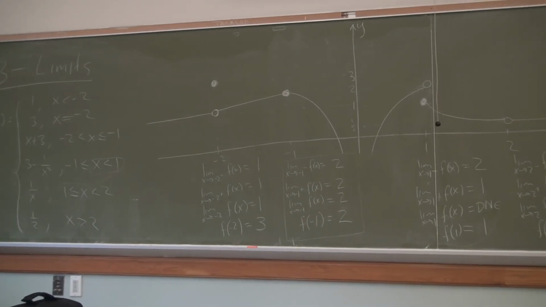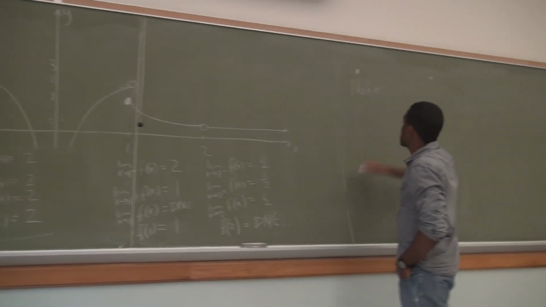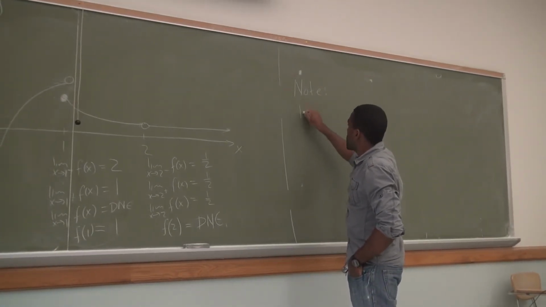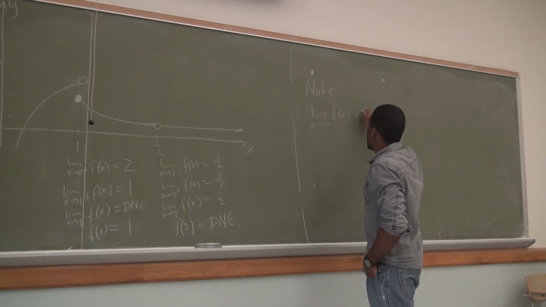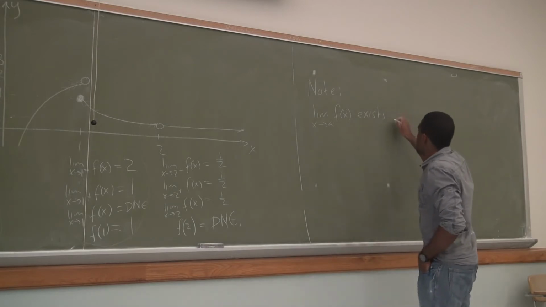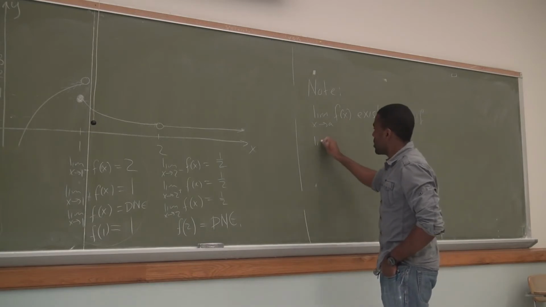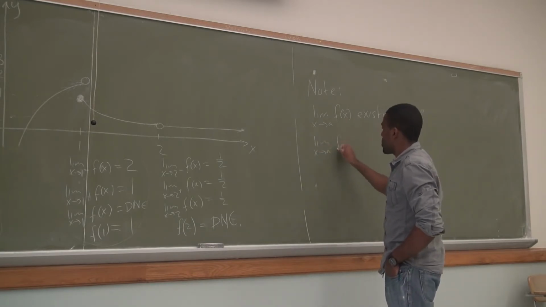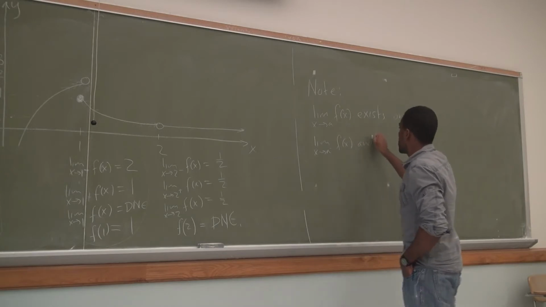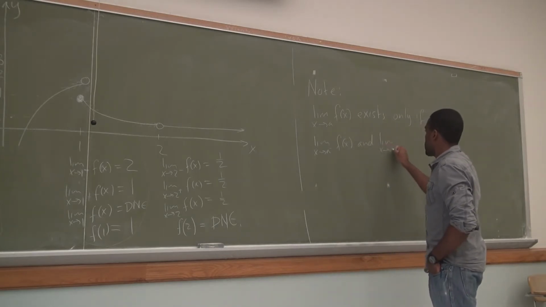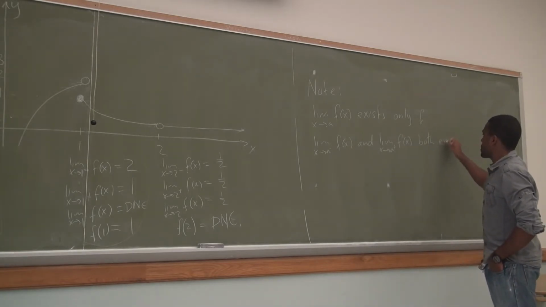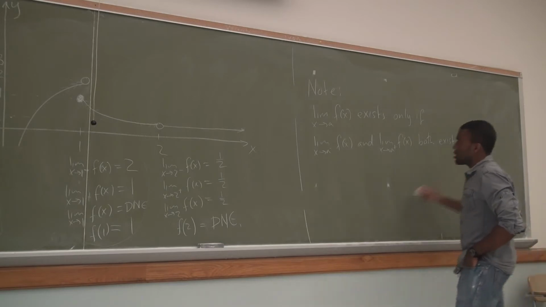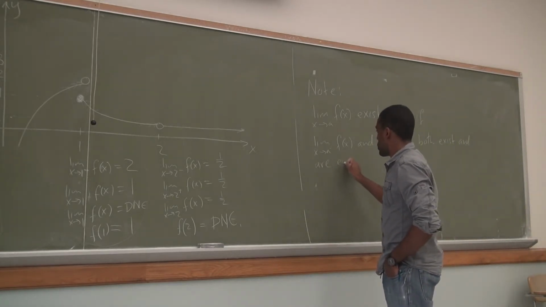So note, the limit as x approaches a of f of x exists only if the limit as x approaches a from the left of f of x, and the limit as x approaches a from the right of f of x, both exist and are equal.